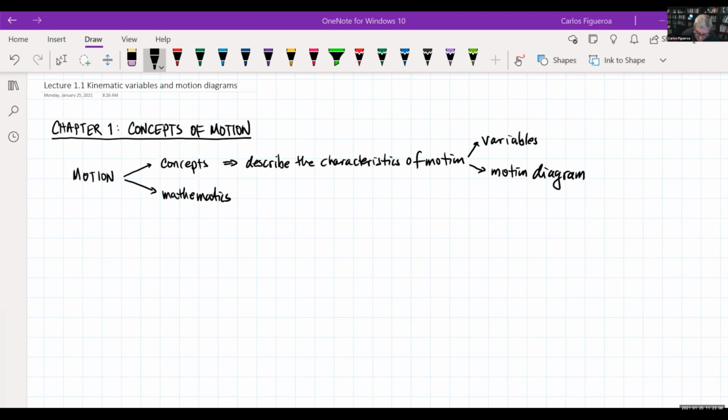Now, the second part is the mathematics, and this is what's called the kinematics. Kinematics is the mathematical study of motion. This is the equations. From these equations, you're going to see that there are four main equations, and there are lots of ways that you can deal with these four equations.